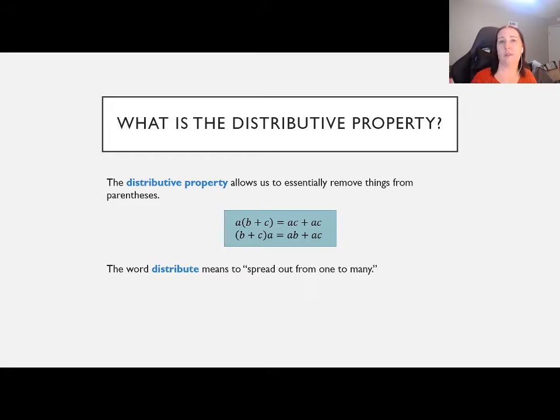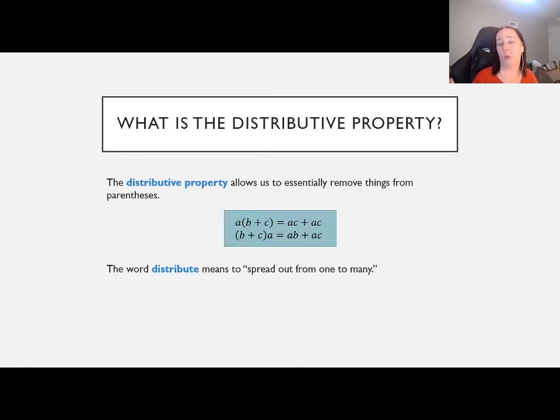There are two examples here. Usually we see the first one listed, where you have something in front and then your parentheses. If you have a number multiplied by something inside parentheses, a times (b plus c), what's on the outside gets multiplied by what's on the inside. So you do a times b and a times c.